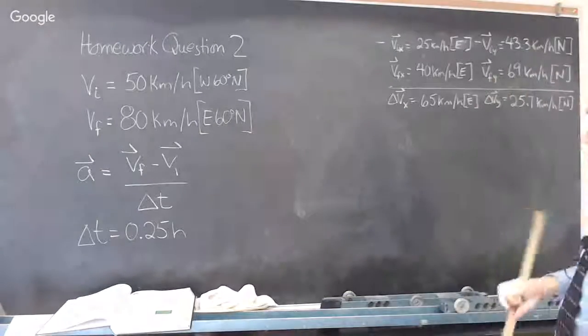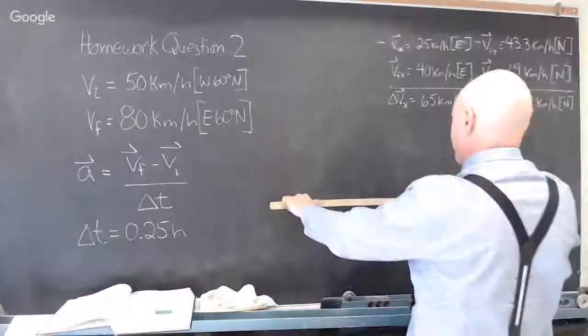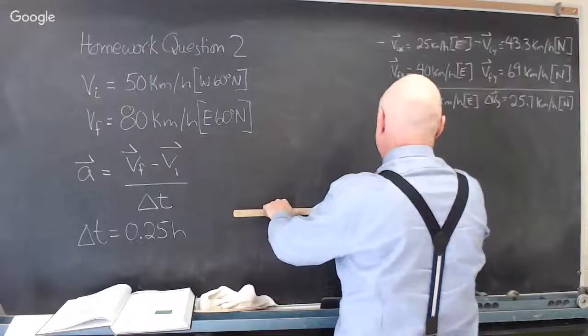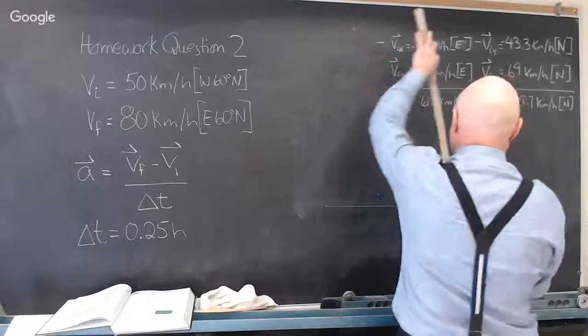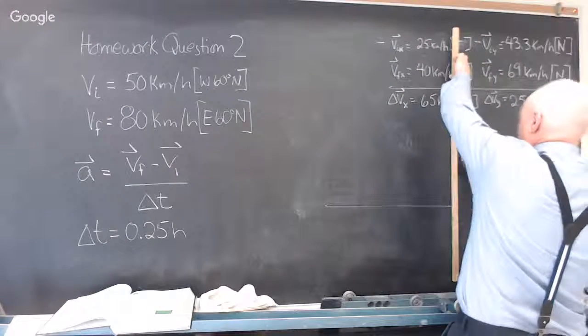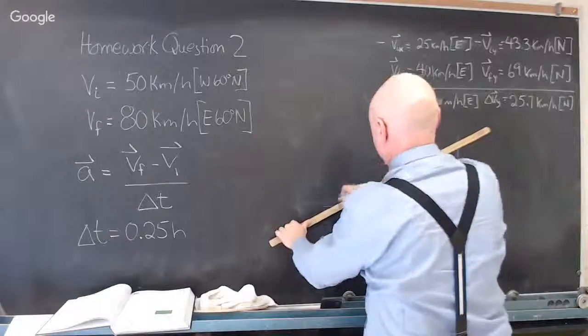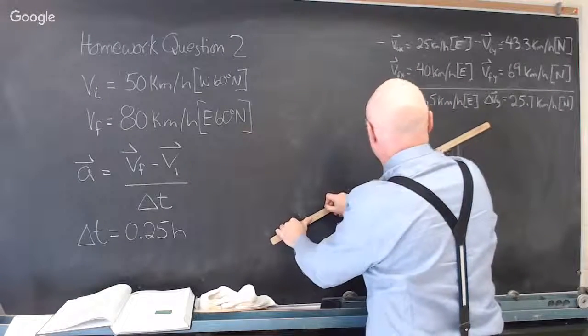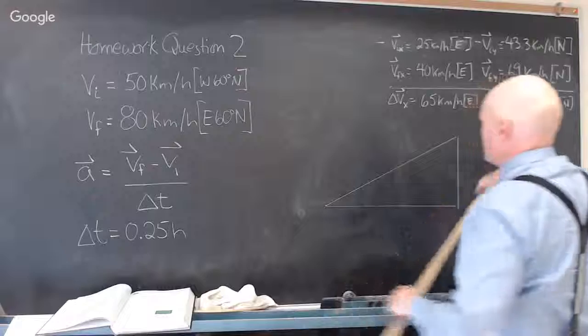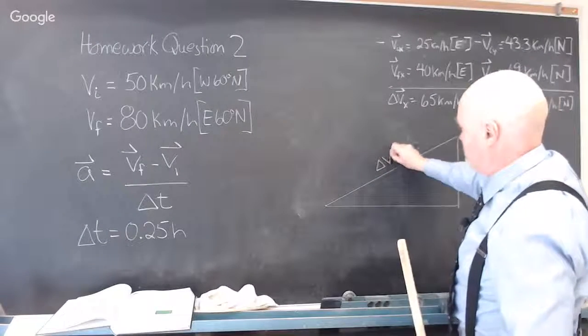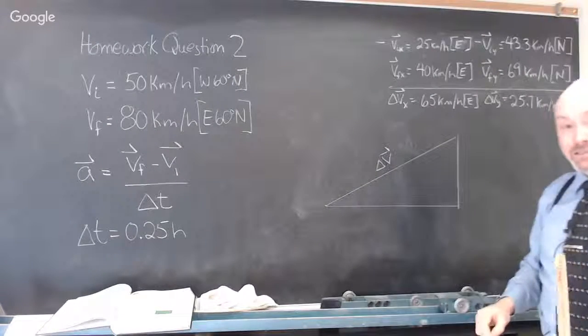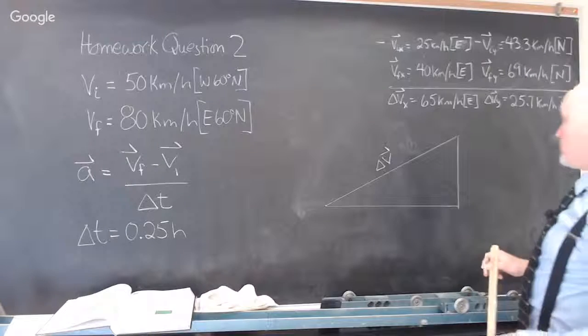Now I'm going to put it together. And I'm really hoping that this works out well. I think it's working, not like last time. Okay, so I'm going to make my triangle. So this is going to tell me my actual change in velocity when I add these two components.